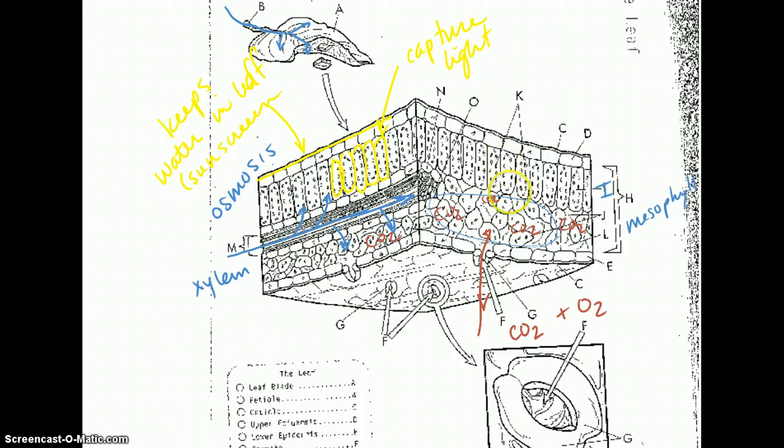And this CO2, with water going in there, gives us all those ingredients that we need to make food for the plant. Because remember, CO2 plus H2O can produce glucose with the help of sunlight.